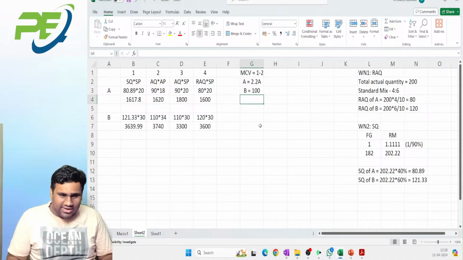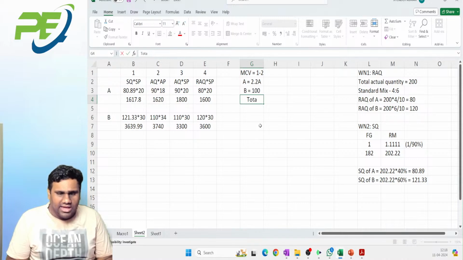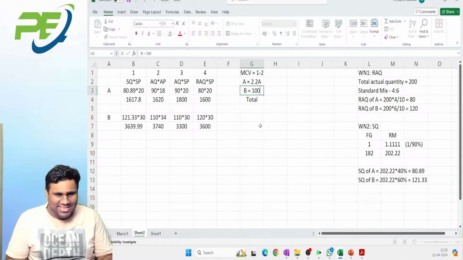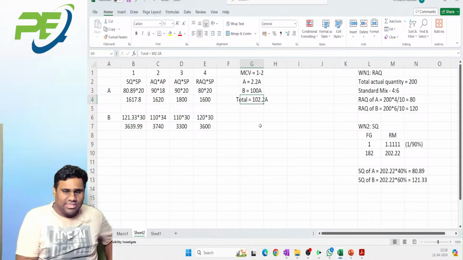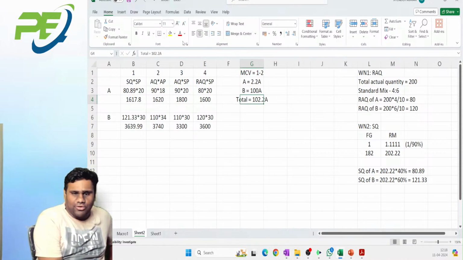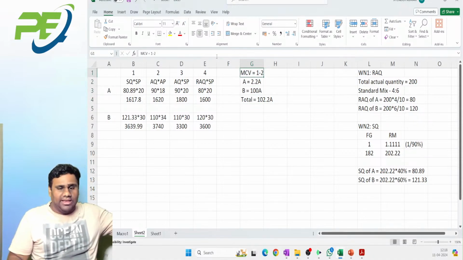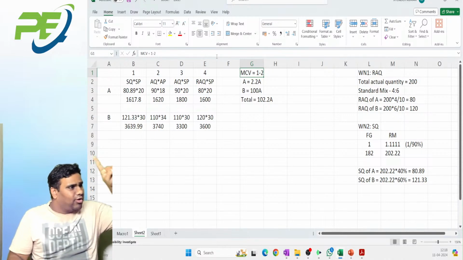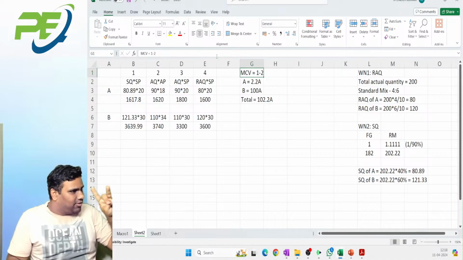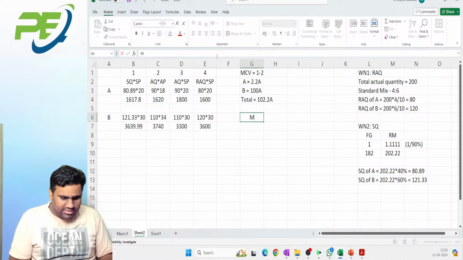And total 102.2 A. So this is 3 variances we have calculated for A, B, and total. In exam, when you write material cost variance, you write the formula once and substitute 3 times for A, for B, for total.